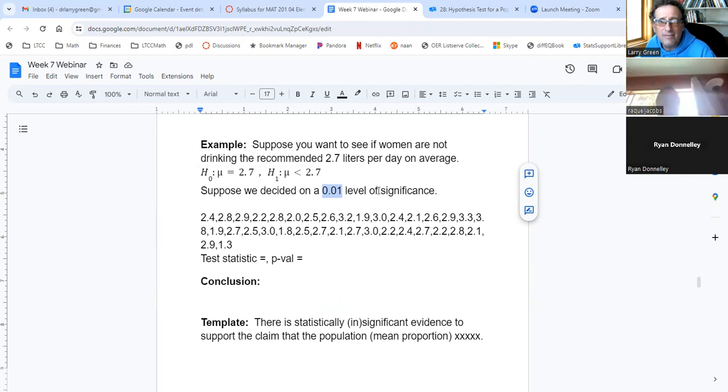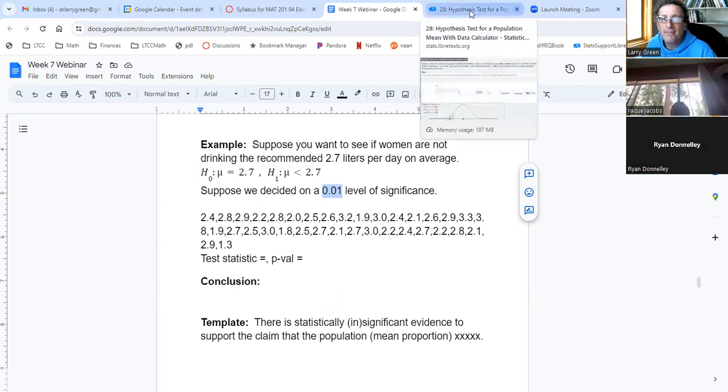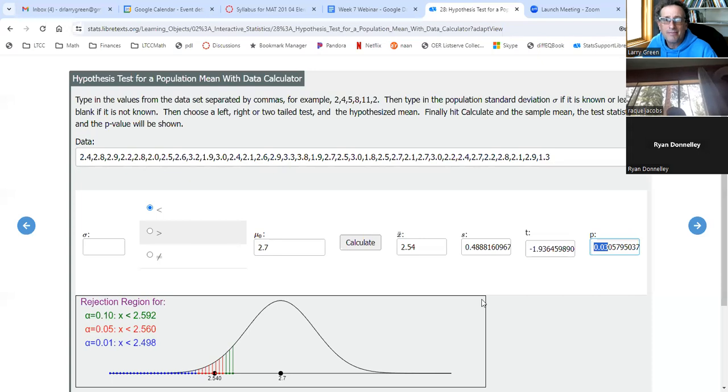If we're using 0.01 and we got 0.03, it's like we're close, but we didn't quite get there. Do you think it would be worth using a larger sample size so that our margin of error could get smaller? Our standard error could get smaller in particular? Or do you think it'd be a waste of time?